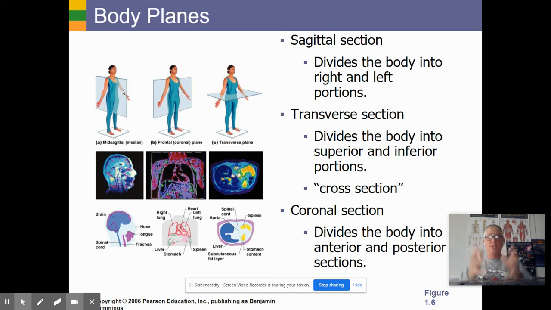If you're standing in front of me or to my side or wherever, and I take my samurai sword and cut you between superior and inferior sections, or top and bottom, that's called a transverse plane. Again, there is no mid-transverse section. I could cut myself off here, just on my chest, wherever.